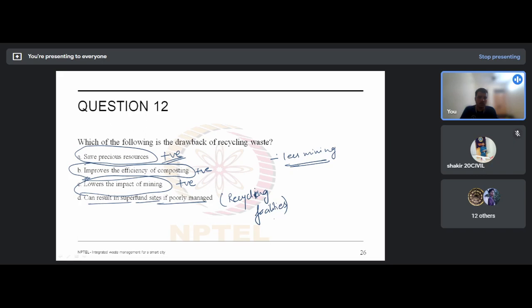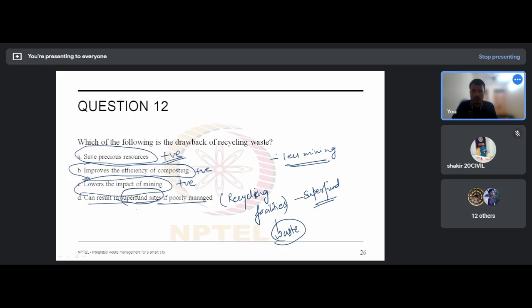But several of these facilities were not well managed. That resulted in environmental disasters, which is why they were referred to as Superfund sites. This happened in the USA. So that is a drawback. If we don't manage the waste well, it can result in environmental contamination. So B is the correct answer.